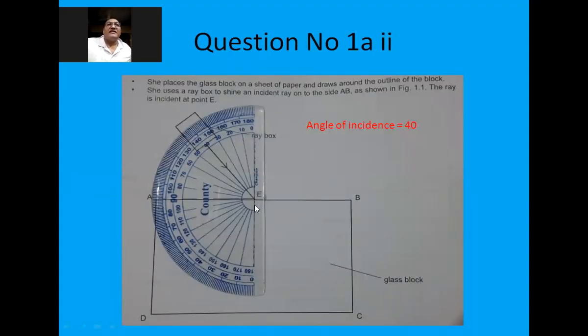This was the incident ray, and this is the normal. You need to put your protractor like this, with the crosshair on E. The zero coincides with the normal, and the incident ray is here. Check how much this angle is. This angle looks like 40 degrees: 10, 20, 30, 40. So your angle of incidence is 40 degrees. I hope you have understood how we have measured it.